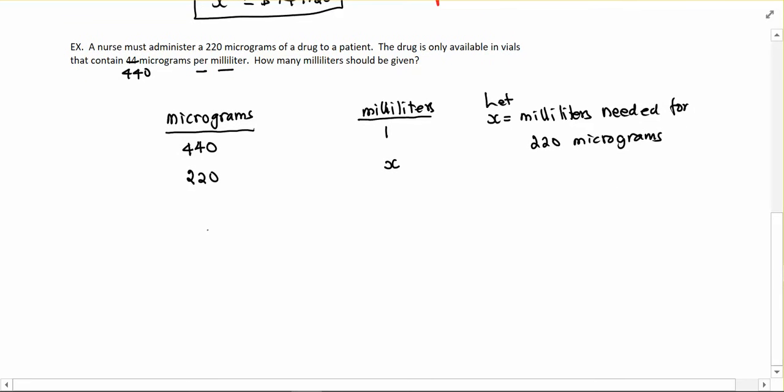Second step, let's come up with an appropriate equation. We could do X divided by 220, corresponding sides, equals 1 divided by 440. That's the equation, and now let's solve this. 440x is equal to 220 times 1, which is 220.